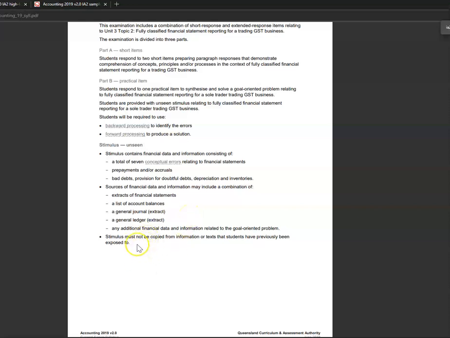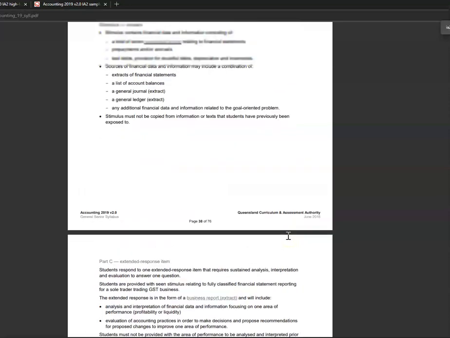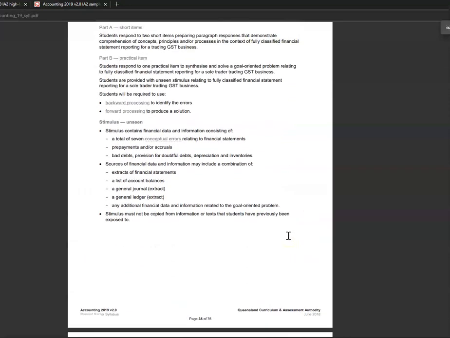And the stimulus will be coming from a source that you've not previously been exposed to. So the key items there are you're looking for 7 conceptual errors. We're going to be looking at balance day adjustments, prepayments, accruals, bad debts, provision for doubtful debts, depreciation and inventories. So that's your Part B.